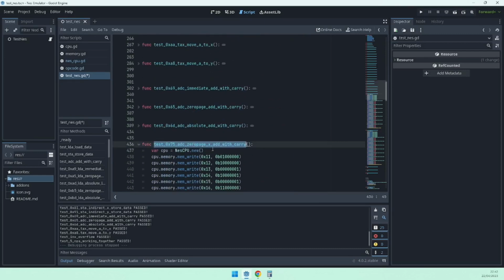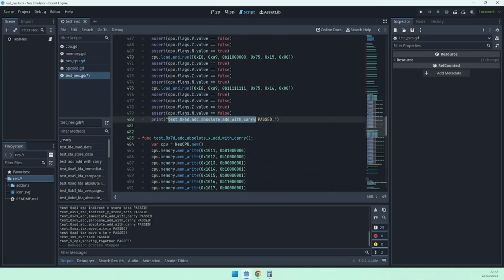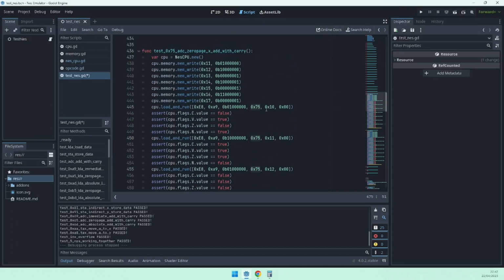And we have this one. So increase x, load the value, execute the operation with 0 page x with this memory location. 10 plus 1, it will use 11, and end the execution.